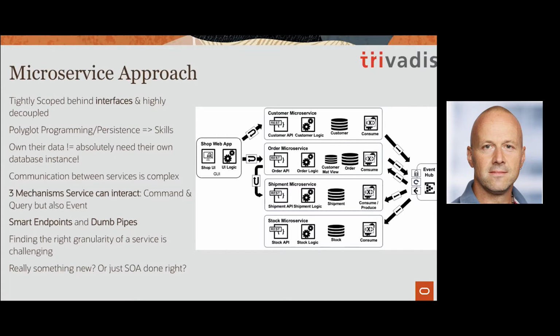The other mechanism is query. Query is not giving a command, but it's still synchronous in the sense that you want to ask for something. For example, a UI application on the left, the shop web application, does a lot of queries, because the shop needs to know from the customer microservice the latest profile information for a customer when he logs in.